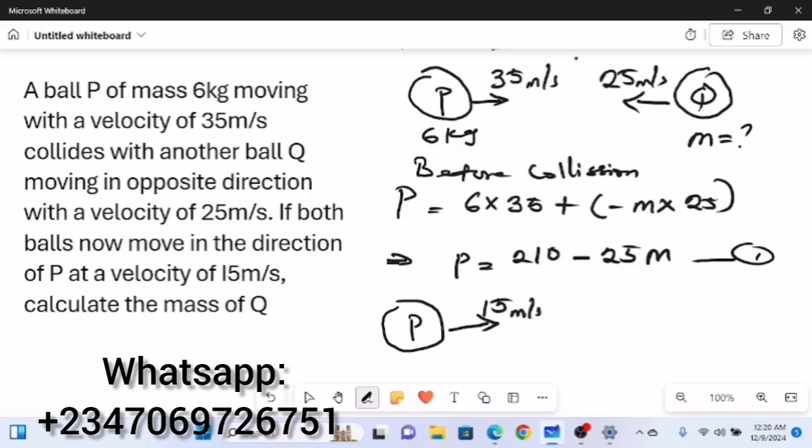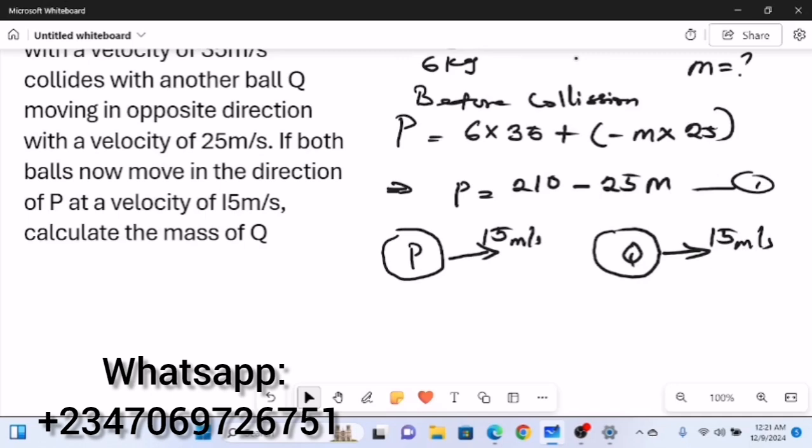You also have ball Q moving in that same direction, with the same speed of 15 meters per second. This is after collision. Not forgetting their mass remains the same. So the mass of P still remains 6 kg, whereas the mass of Q is unknown. We are still looking for this.